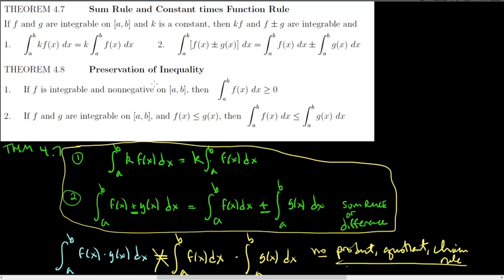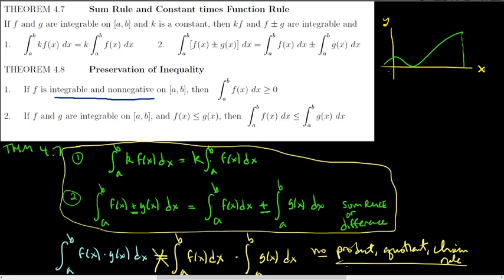The next thing is, you have an integrable function, and it's non-negative. In terms of the graph, here's my x-axis, here's my y-axis. A non-negative function can't go below the x-axis, because there y would be negative. It can either be 0, so it just touches the x-axis, or go above it, but not below.